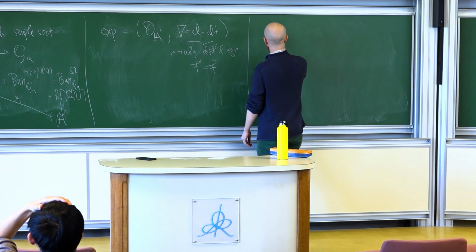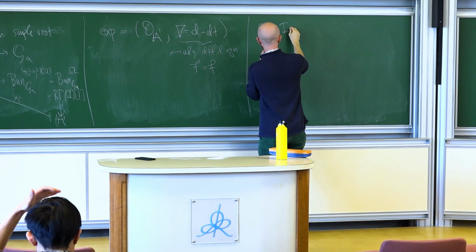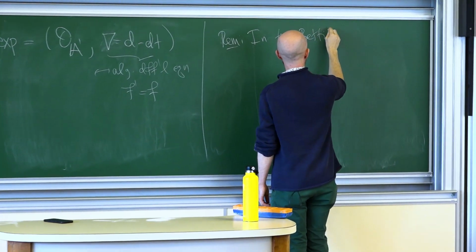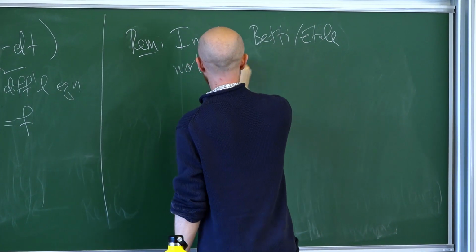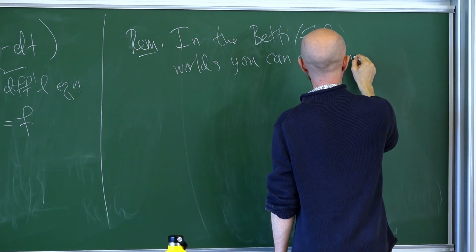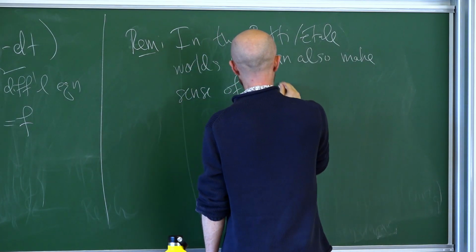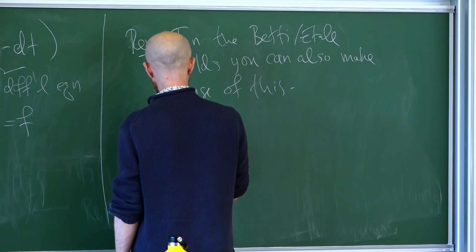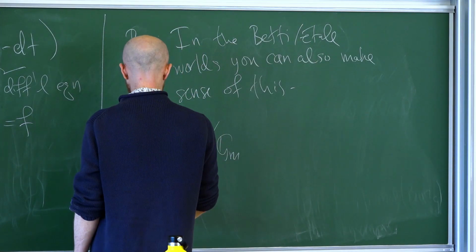Okay, and so let me just comment that in the Betti and et al. worlds, you can also make sense of this. So basically the way it'll work is that you'll take this Bun_N^ω, then I'll quotient by some kind of Gm, which is acting essentially through ρ-check.